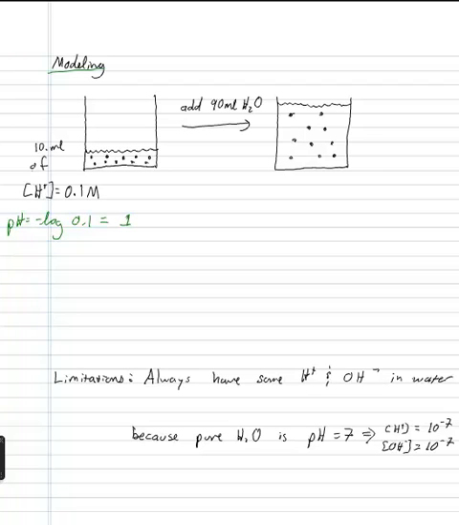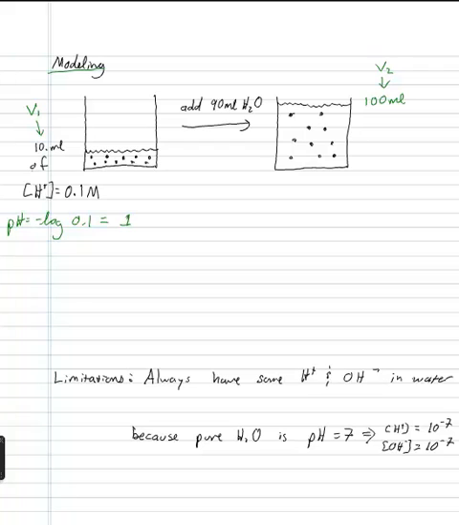Let's say I add 90 milliliters of water. Well, I'm starting with 10 milliliters. That's my initial volume. If I add 90 milliliters of water, I would have a total of 100 milliliters. That would be my final volume after I diluted.